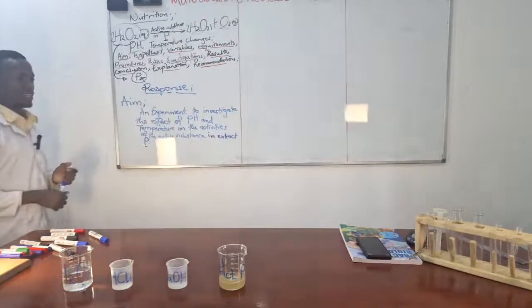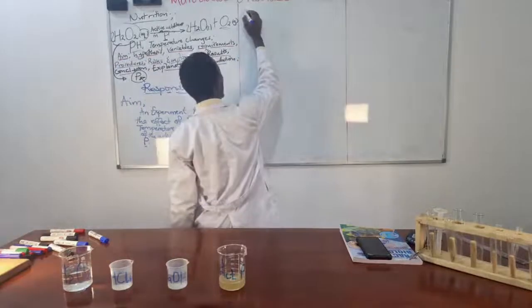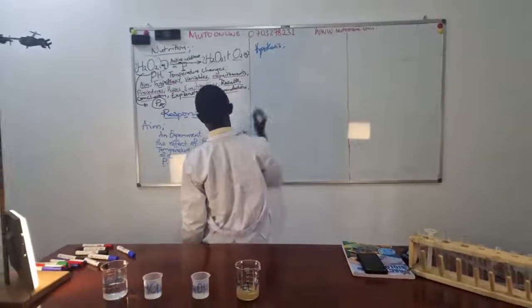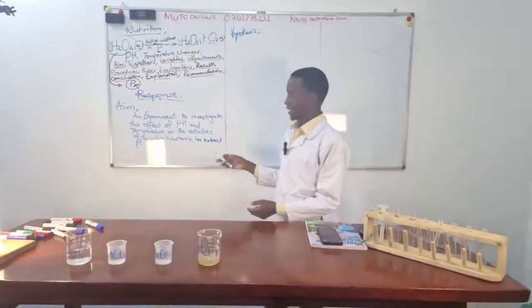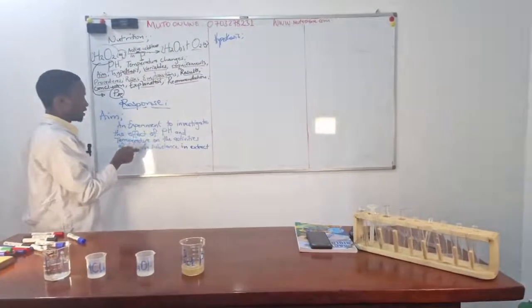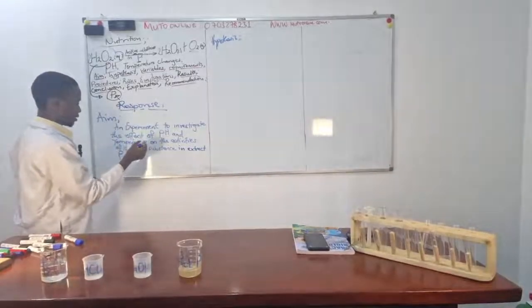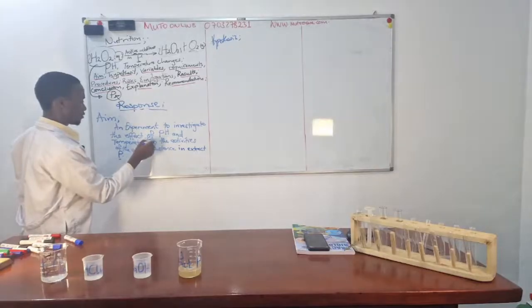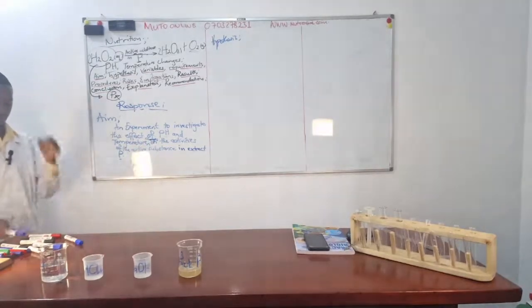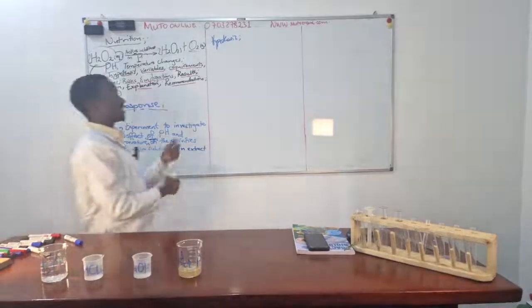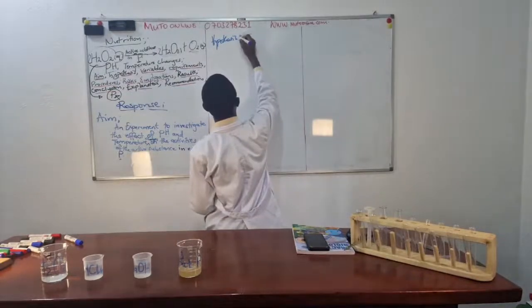According to me, this is the aim, and my hypothesis is as follows. You can suggest yours, you can suggest your direction, but I think the examiner or the setter of this item was targeting the effect of pH and temperature changes. So we can give a direction.